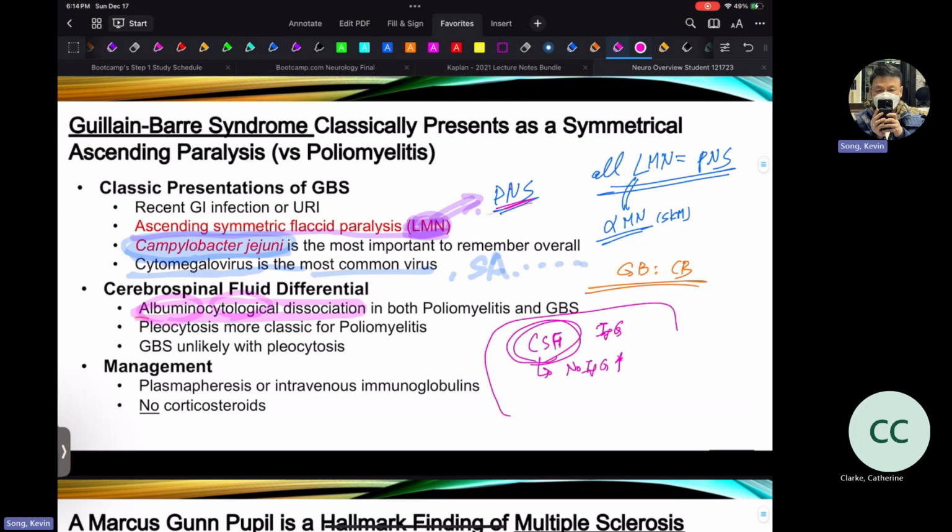What I'm explaining here is not completely scientifically correct, but for the purpose of understanding, this is why I am explaining it to you. It will also be correct for exam purposes. So because it's a PNS problem, there is no IgG increase in the CSF.